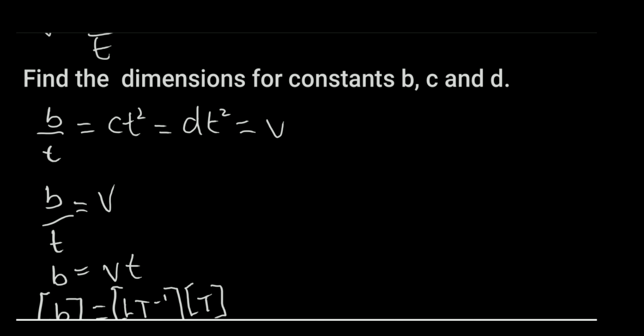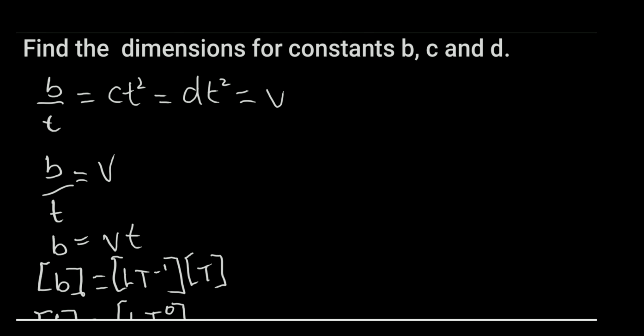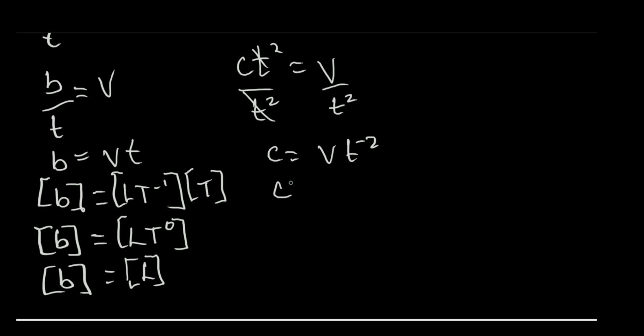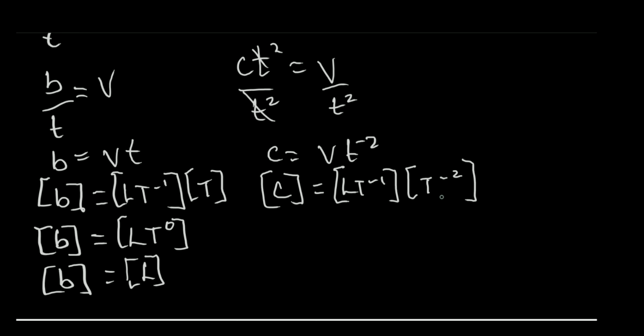So we move on to the next one, which is ct squared, which is equal to v. So we divide both sides by t squared, and this gives us c to be equal to v times t to the power negative 2. So dimensionally we obtain L t to the power negative 1 for v and t to the power negative 2 for time.